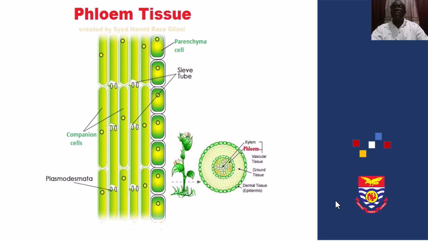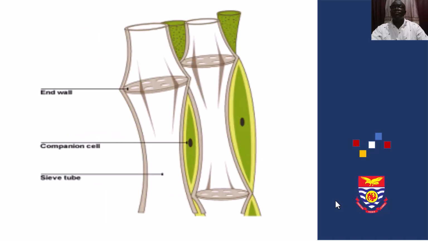You have the parenchyma cell, the sieve tube cell, companion cell, and plasmodesmata as indicated in the plant. In the stem, we have the xylem, the phloem, the vascular bundle, the vascular tissue, the ground tissue, and the epidermis, as indicated in a section through the stem.